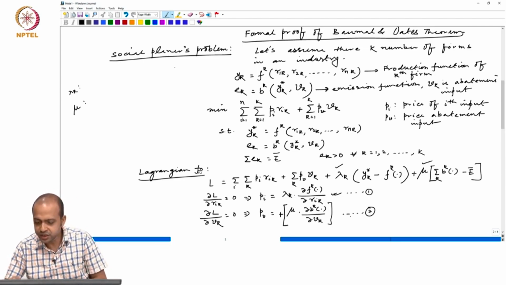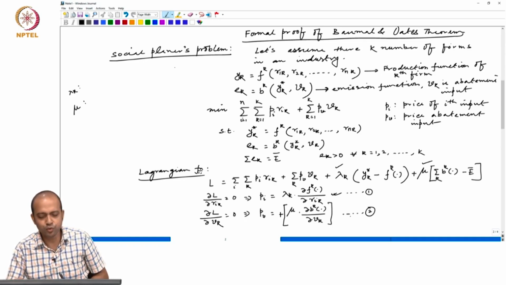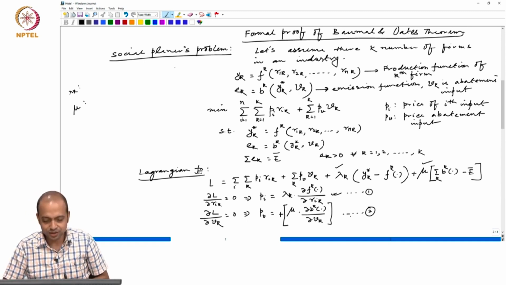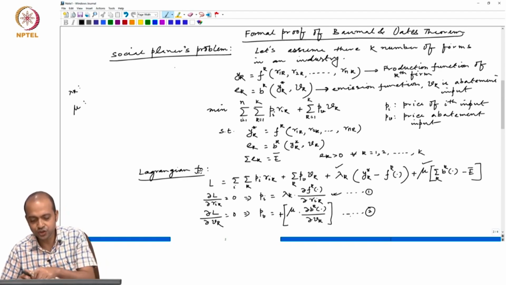But what are these other two components? Look at the first component Yk minus Fk, which is nothing but some amount of output. What is this? Bk minus E bar, which is nothing but some amount of emission. So, in this process lambda k converts output into money and mu converts emission into money. Now, take the first component.